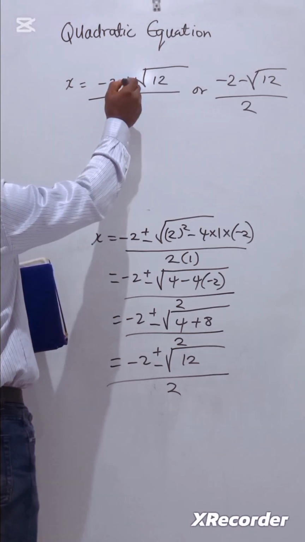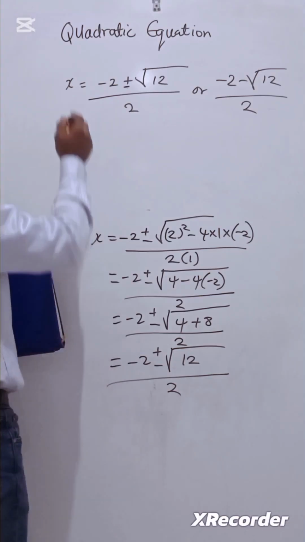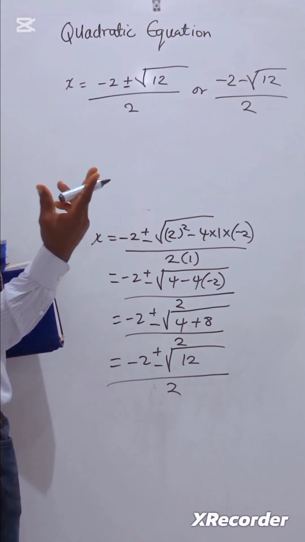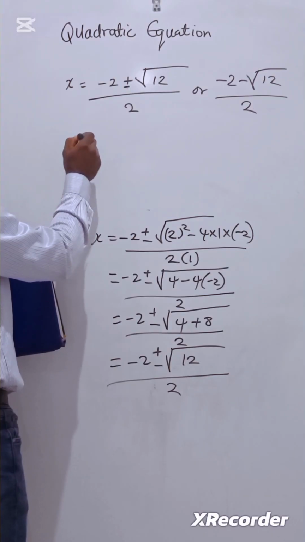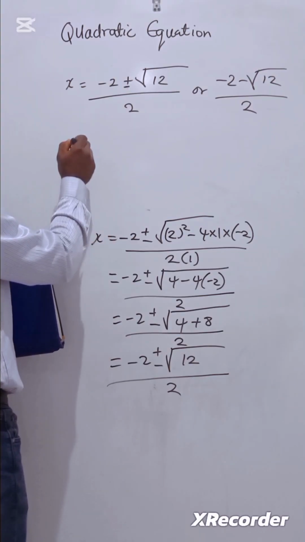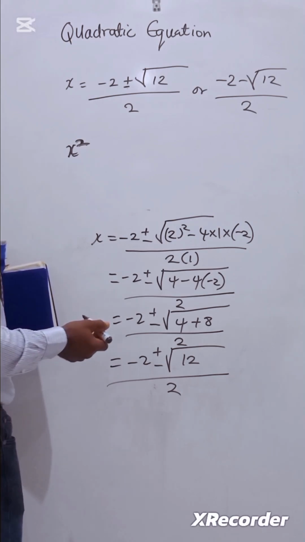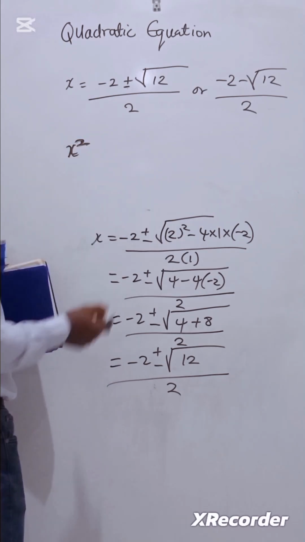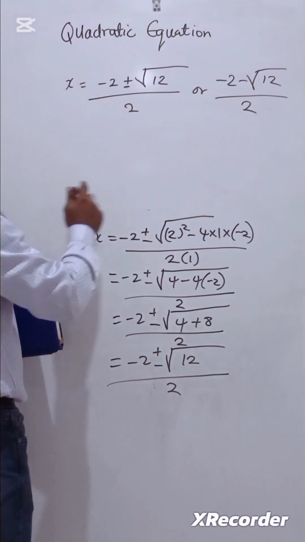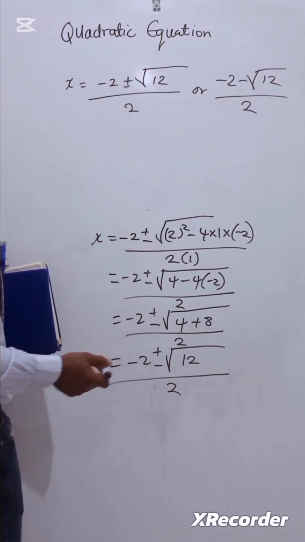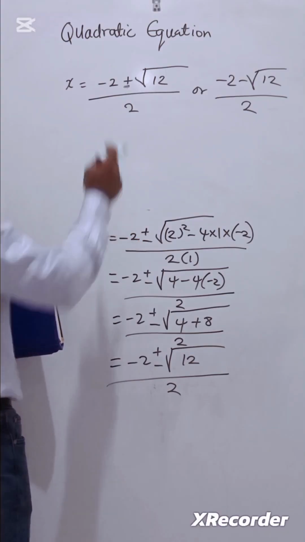Because we have plus or minus here, and we know that our root will be 2 values. Because our x squared, quadratic equation, is squared. The fact that this x here is squared means that you are going to get 2 values of x. So that's why we have plus and minus here. So one value will be plus, one value will be minus.